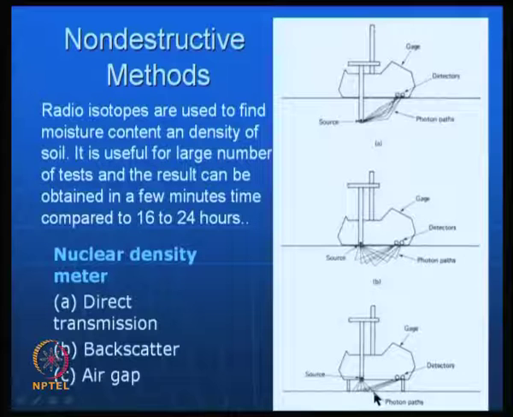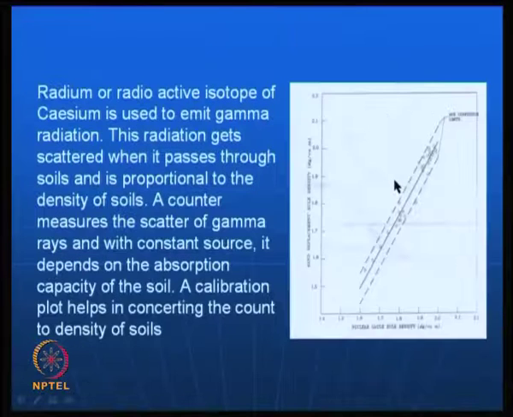It is just that you have different ways of doing the same thing, and the objective is that, based on the scattering, you can calculate the density. As I just mentioned a few minutes back, radium or a radioactive isotope of cesium is used to emit gamma radiation.